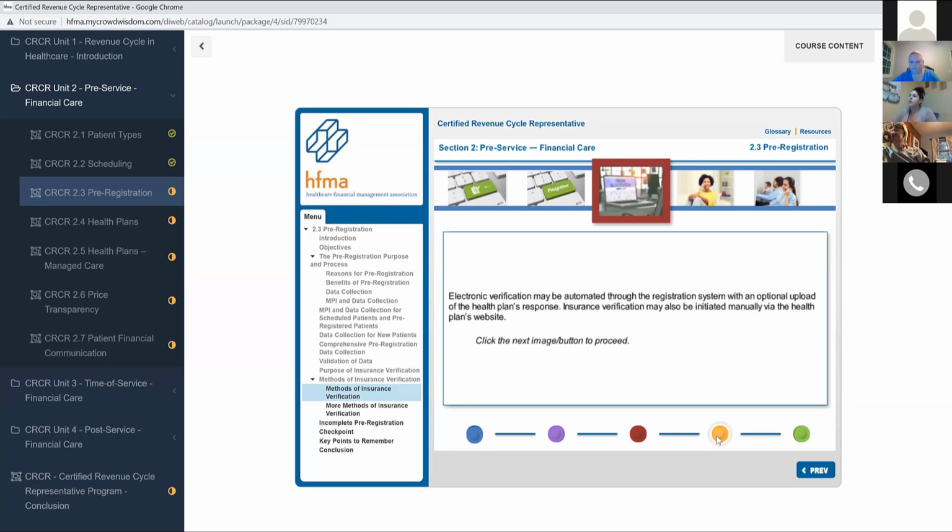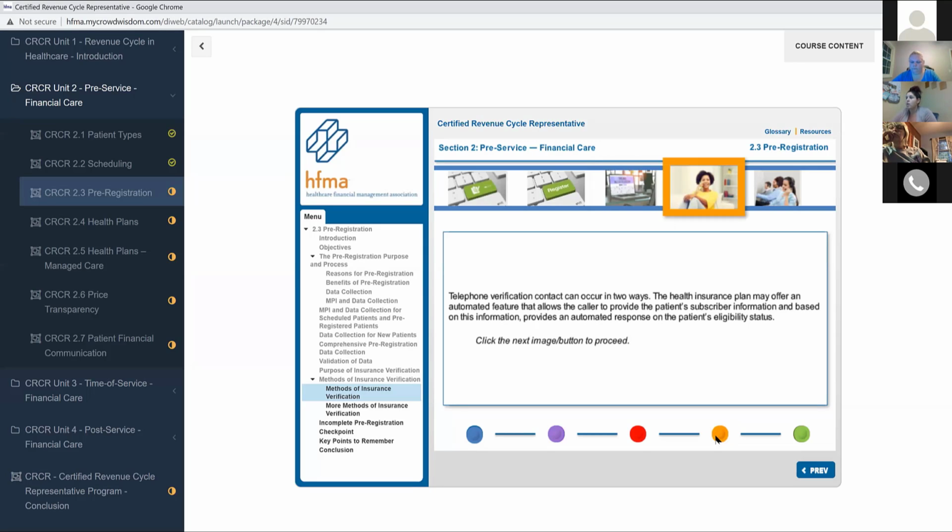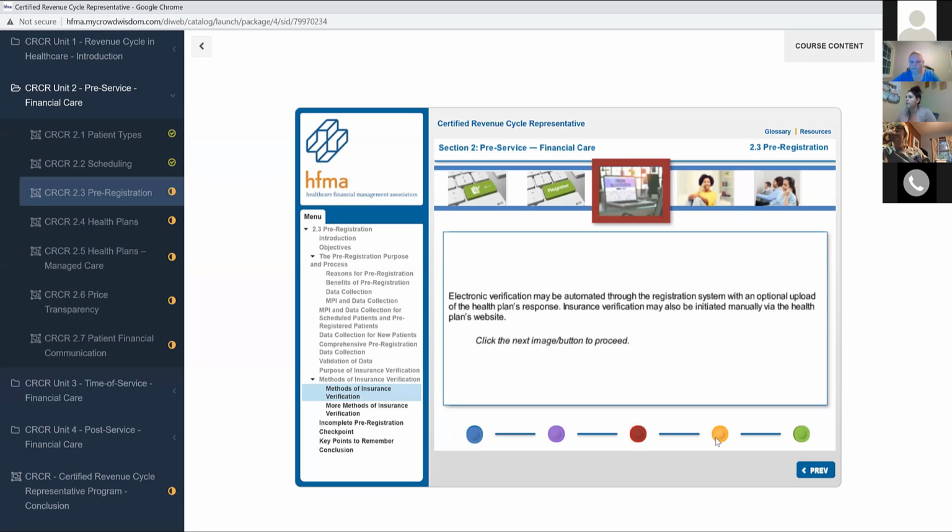Telephone verification contact can occur in 2 ways. The health insurance plan may offer an automated feature that allows the caller to provide the patient's information, or you can talk to somebody.